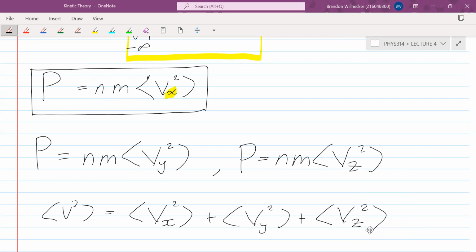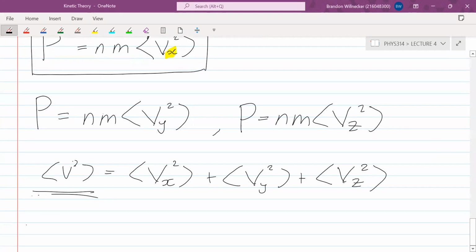So that's just a bit of Pythagoras there. Now we have an expression for each one individually in terms of Vx, Vy, Vz. If we want to write this in terms of the overall V squared, we need to have a factor of a third, because there's three of them. So we can write P is equal to 1/3 n times m times V squared.